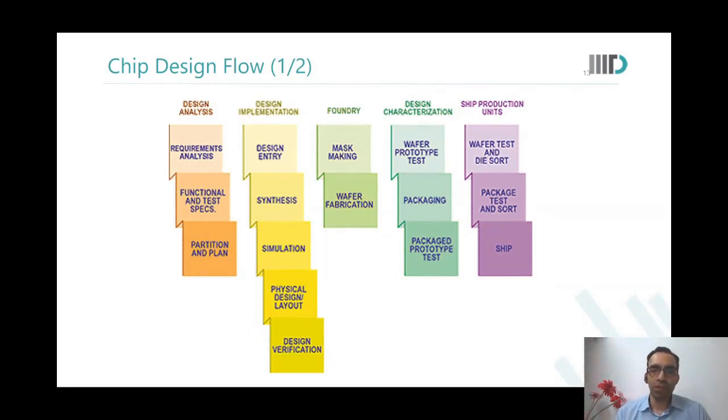Okay. So once the wafers are fabricated, they are sent for testing and characterization. The first test that happens is the wafer prototype test. What does it mean? It means that at the wafer level itself, without even cutting the wafer into dies and chips. You know how a wafer looks?